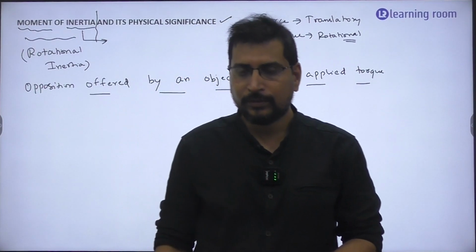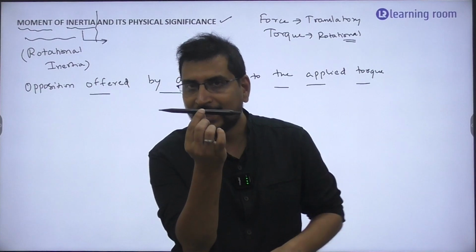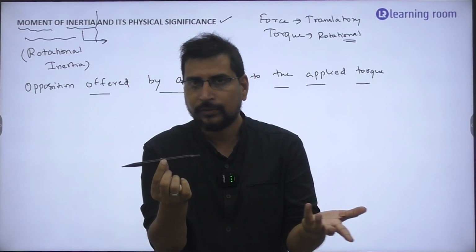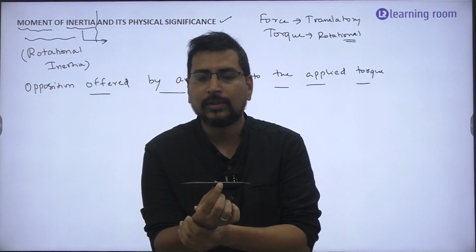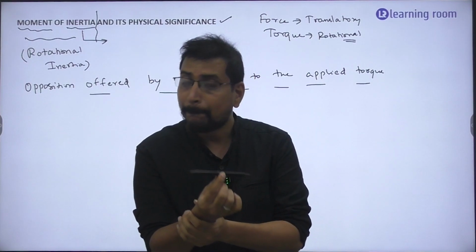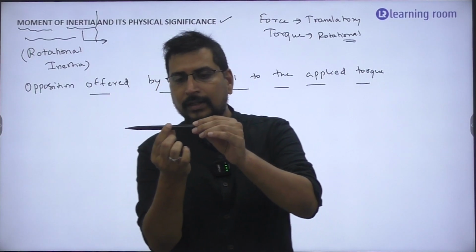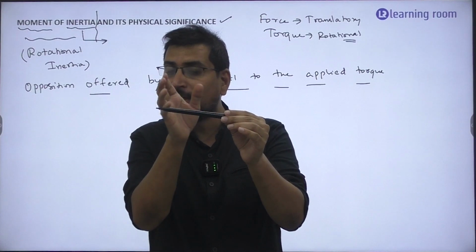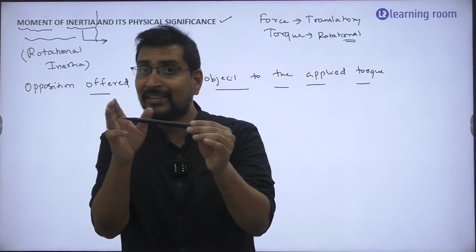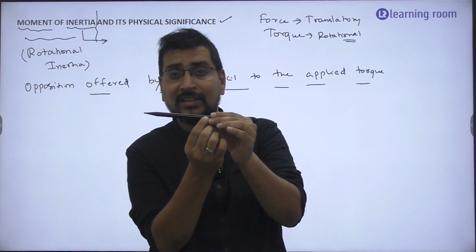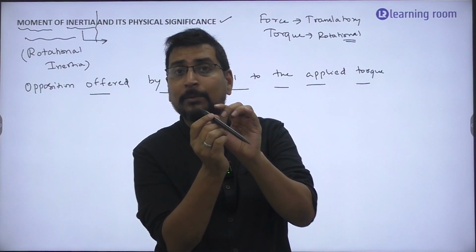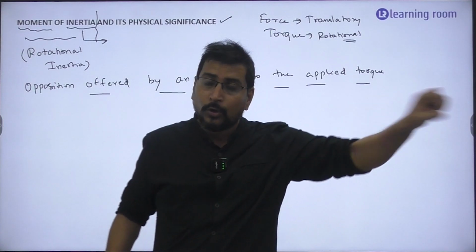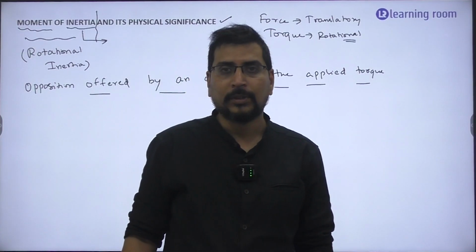The reason is, when you take the center of mass, the mass is equally distributed on both sides. That's the significance of the center of mass. But if you take any other point, then you are redistributing the mass in such a way that on one side it is heavy and on the other side it is less, due to which you are not able to rotate it as comfortably as in the case of the axis of rotation being the center of mass.